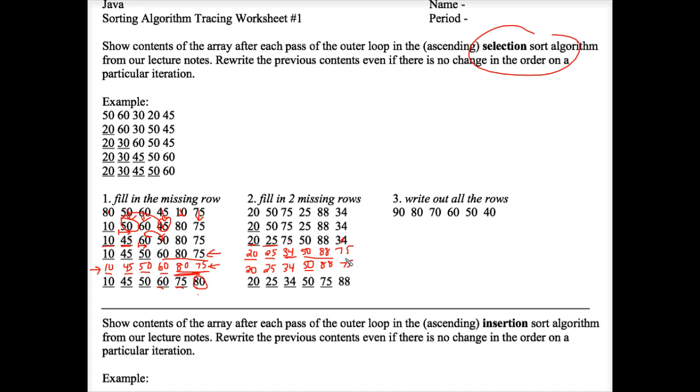So the 50 was selected as the smallest element, and it now is in its final resting place. On this last iteration, I've already filled in the answers. Of the 88 and the 75, the 75 is the smallest, so it swaps with that 88, and we're finished with that exercise.